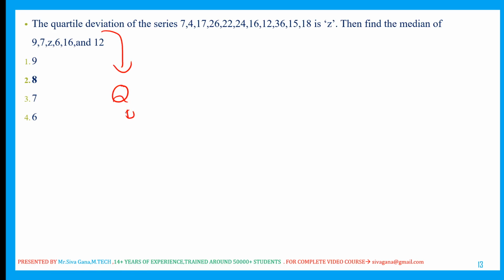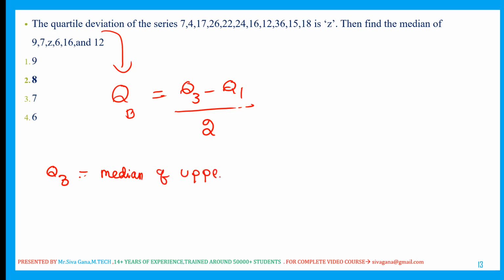The quartile deviation of a series is given by Q3 minus Q1 divided by 2, where Q3 is the median of the upper half of the sequence, and Q1 is the median of the lower half of the sequence.